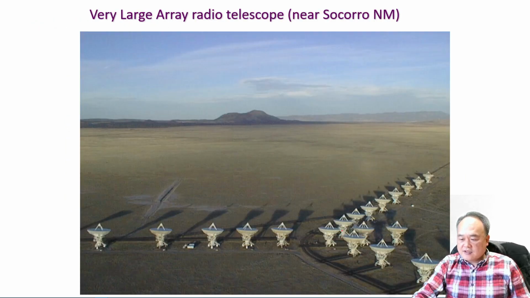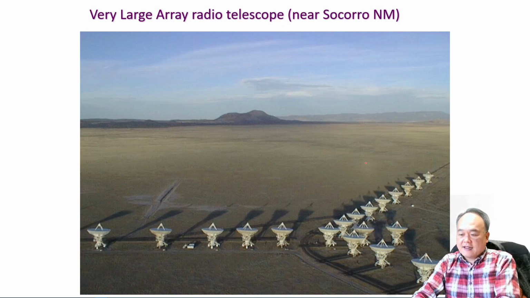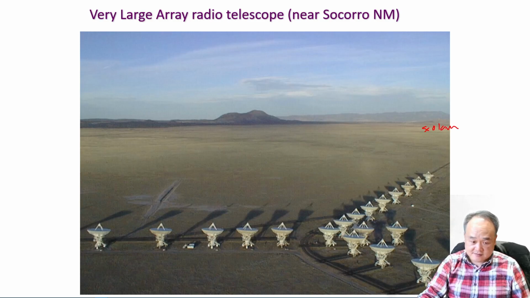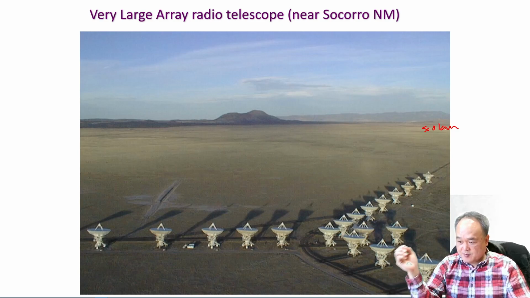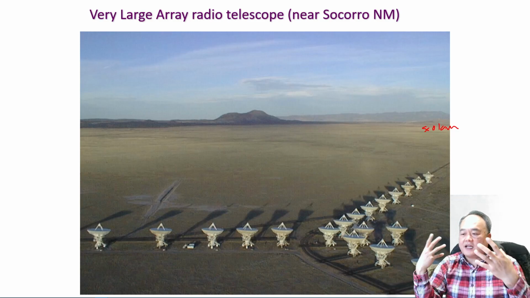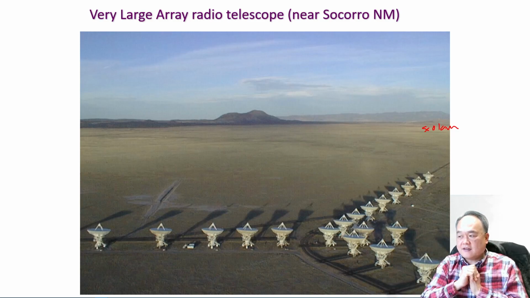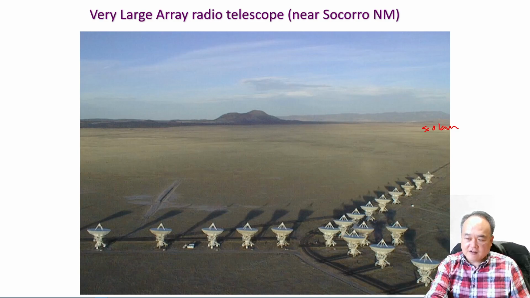This is a close-in view of the Very Large Array, which has up to about 40 kilometers of baseline. For a given radio frequency, it provides decent resolution of several arcseconds, at the low to middle of the radio frequency range.